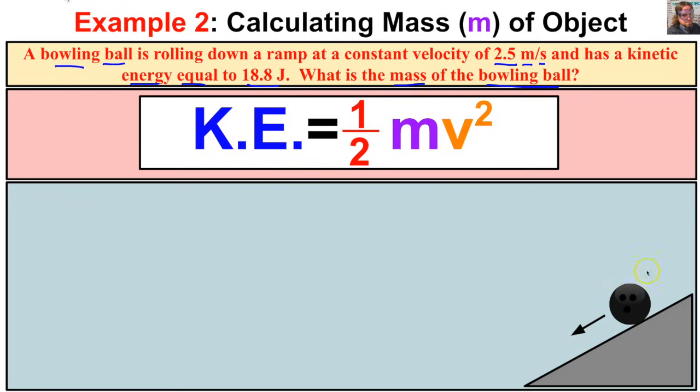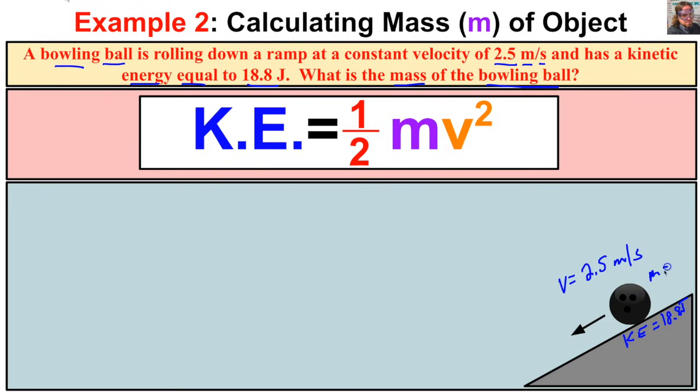So, if we take a look down here, we have a bowling ball, and what we know about this bowling ball is that it's traveling down this ramp at a velocity of 2.5 meters per second. And we also know that this bowling ball has kinetic energy equal to 18.8 joules of energy. And so what we're trying to figure out here is the mass of this bowling ball.